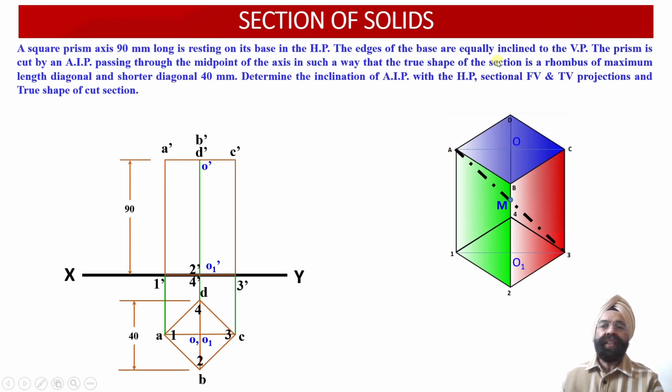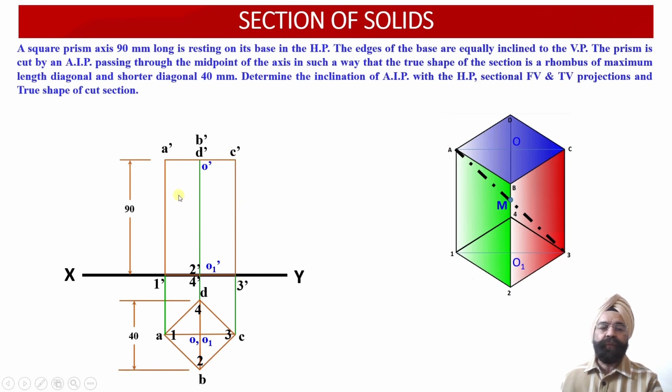Now the major diagonal of the rhombus will be represented by 2 points which should lie on the vertical edges A1 and C3 respectively. So we are going to obtain 2 points of intersection on these two vertical edges A1 and C3.